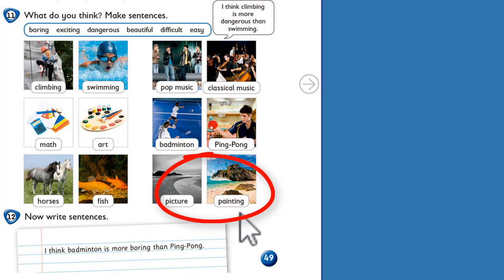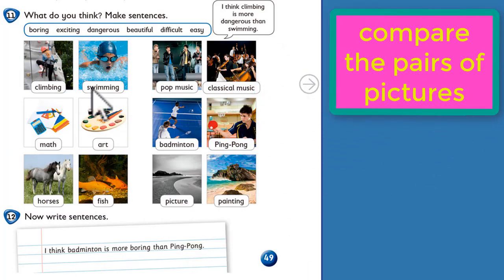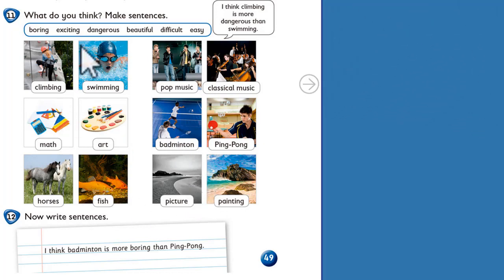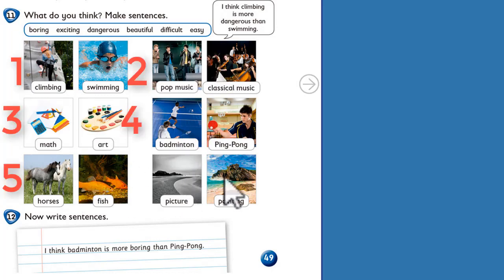So, your job is to compare these pairs of pictures. Compare. So you have to make in total 6 comparative sentences, okay?